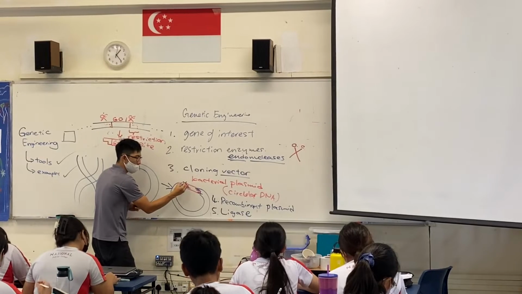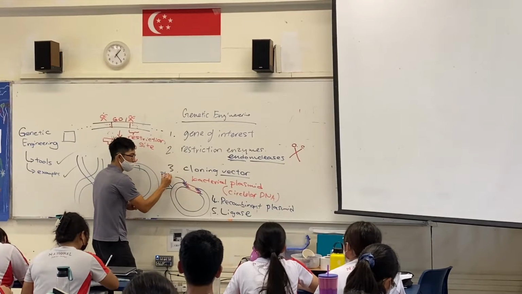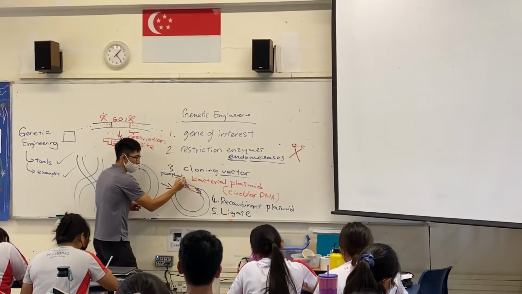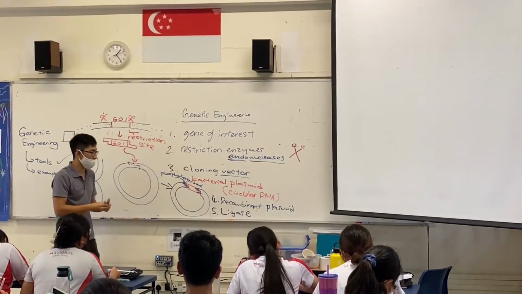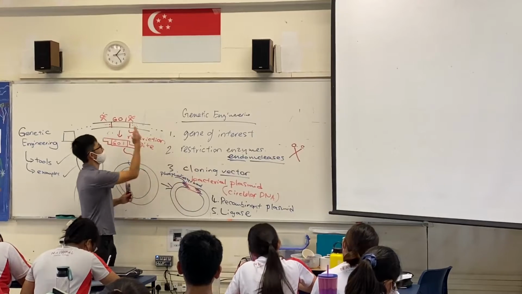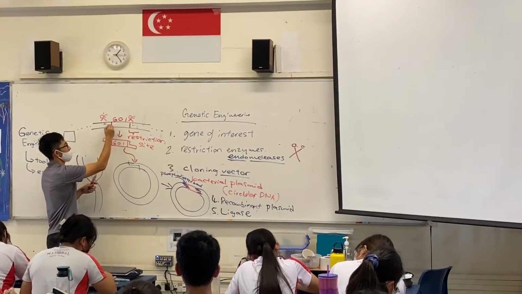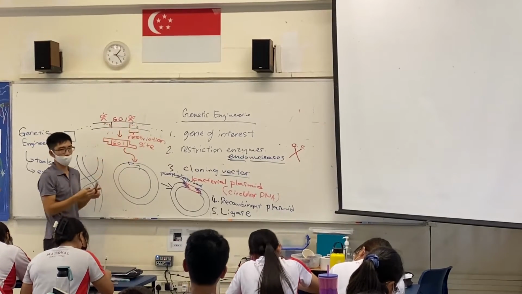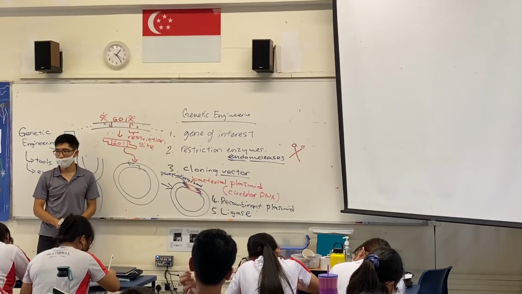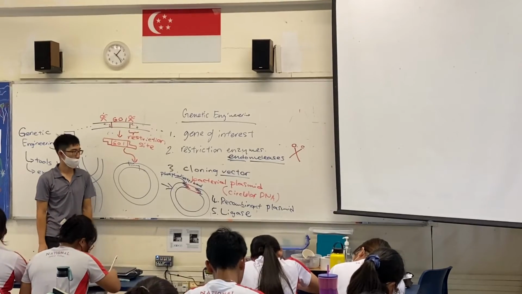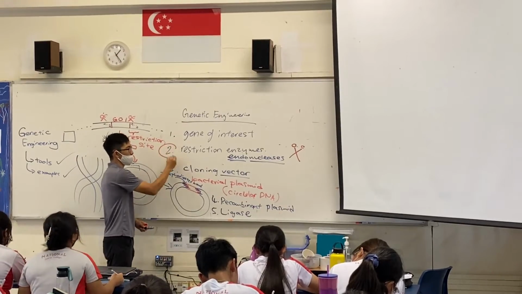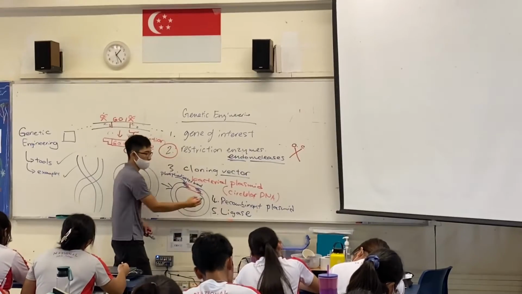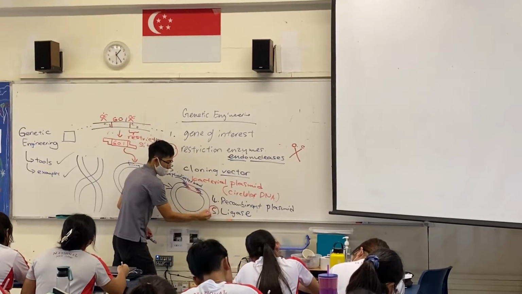What bond am I looking at here? Phosphodiester bond. I need to stitch back the phosphodiester bond that I broke at the very start. And that is carried out by ligase. So broadly, I just need you to learn two new enzymes, restriction enzymes and ligase.